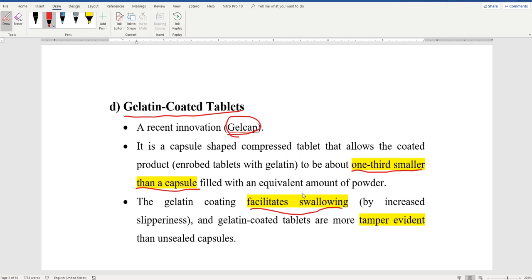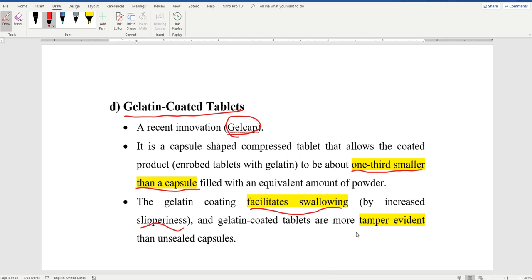Because it's smaller, swallowing will be easier, and that will be aided by gelatin's slipperiness. Because of the gelatin coat, the gel cap or gelatin coated tablet will be slippery, meaning it will slip in the throat and into the stomach.